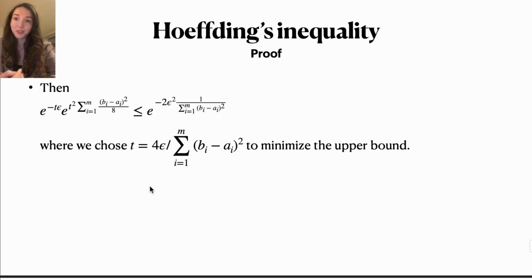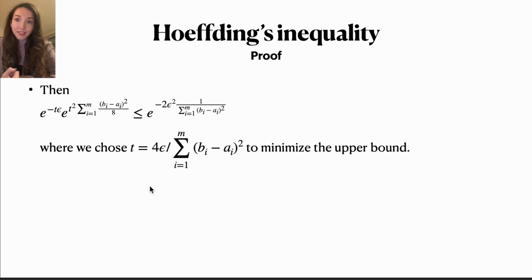And then the final step is that we had this choice of this variable t that we could choose ourselves. We just said t has to be greater than 0, but what exactly t is, is up to us. We choose it to be this thing over here, because this will minimize the upper bound. It makes our whole bound look a little bit nicer.